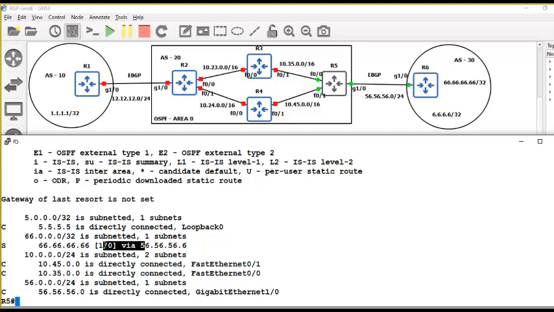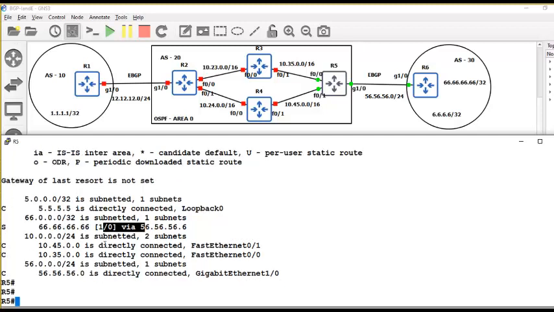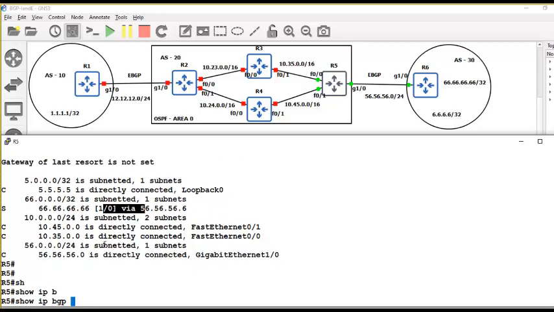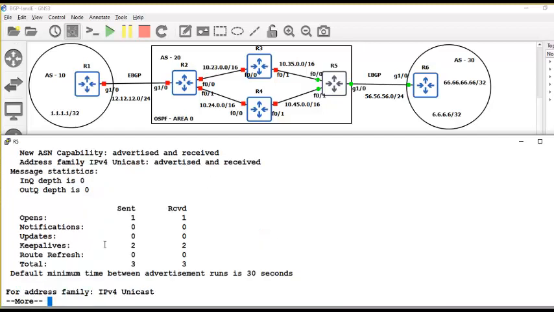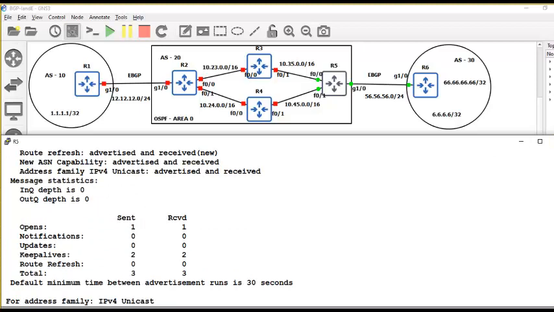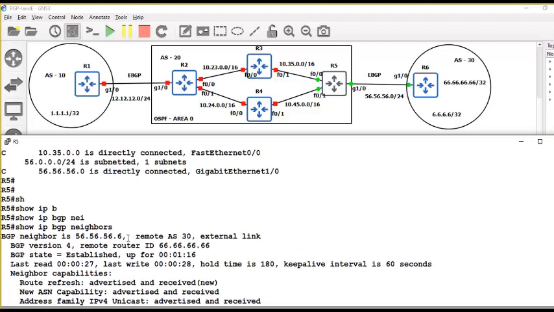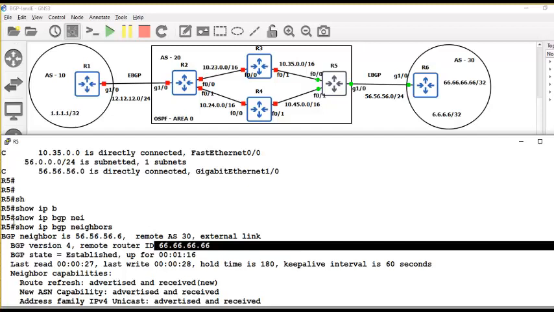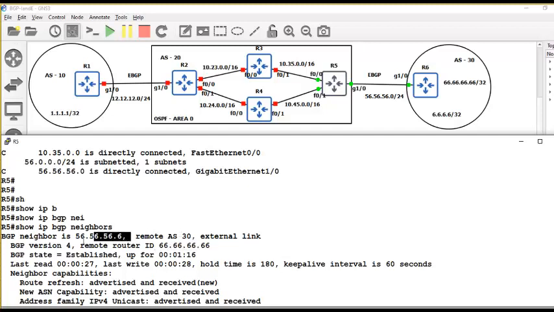So, one more thing I want to show you. Show IP BGP neighbor. If you see the 56.56.56.6 router, whose router ID is 66.66.66.66, that is dynamically picked. That is the router ID of router 6. So router 5 knows even the router ID of router 6. But this is not the address with which we form the neighbor. We form the neighbor with the physical interface address.